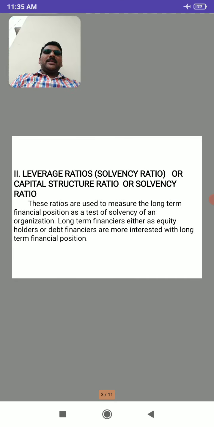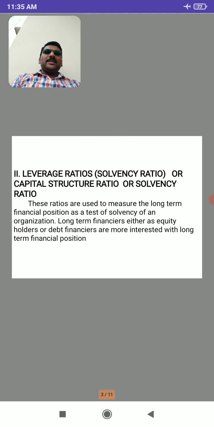Whether the company has a long-term financial position, that is, whether the solvency is long-term or not, is calculated by using this solvency ratio or leverage ratio.